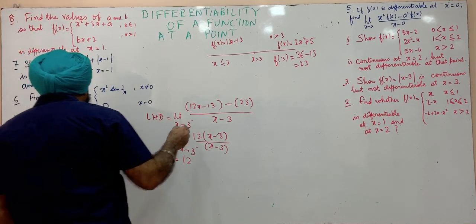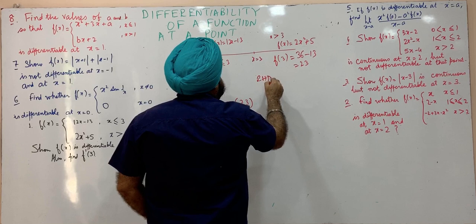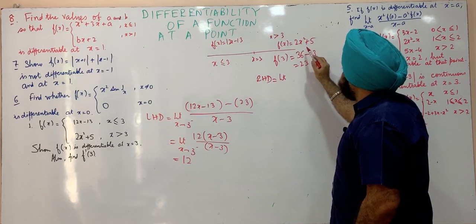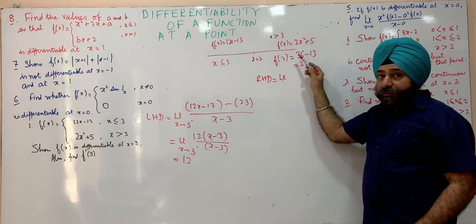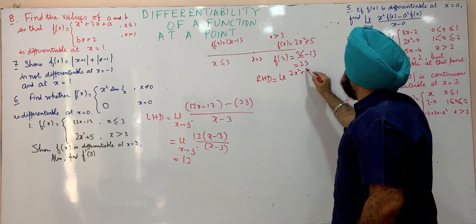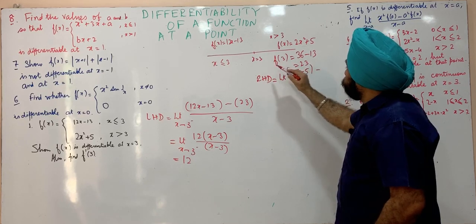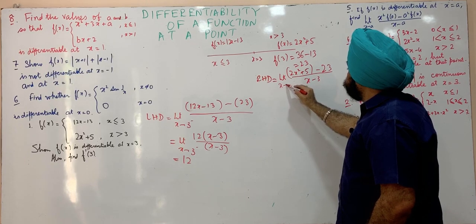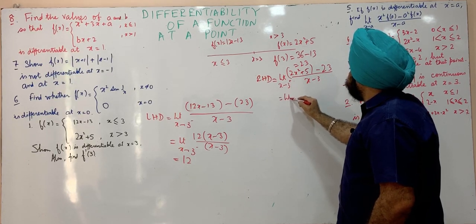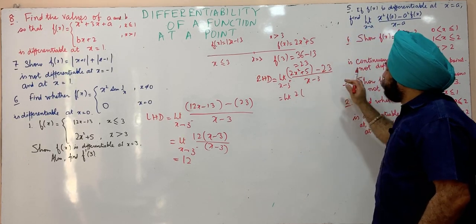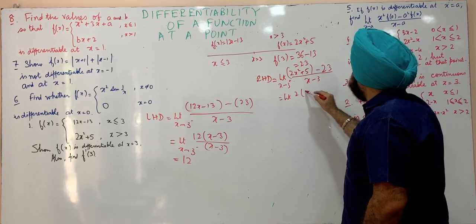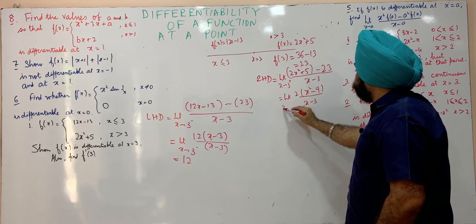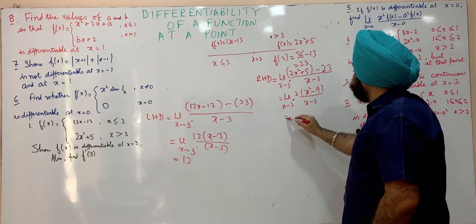Then 2x square plus 5 will give us the right hand derivative. The right hand derivative is the limit of, this is the function to the right of 3, 2x square plus 5 minus f of 3, which is the same 23, upon x minus 3 as x approaches 3 plus. That's 2x square plus 5 minus 23, which is minus 18, so it's 2 into x square minus 9 upon x minus 3 as x approaches 3 plus.